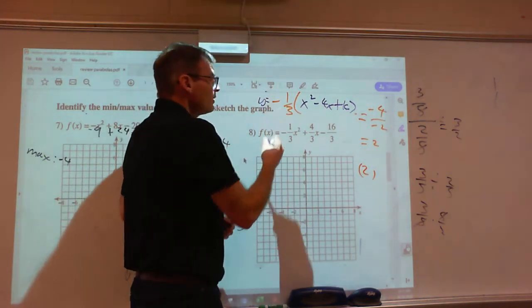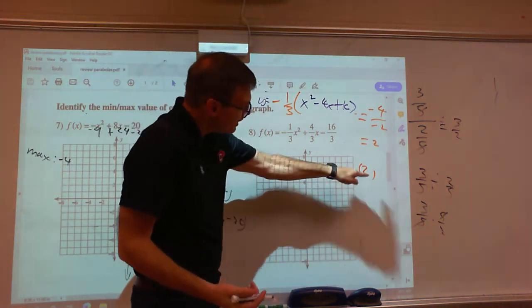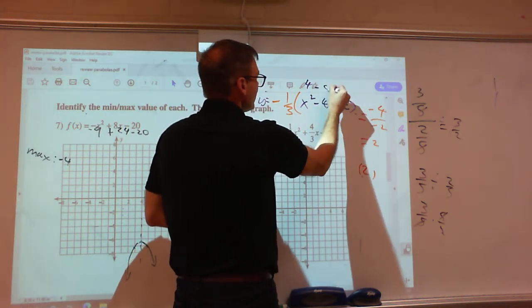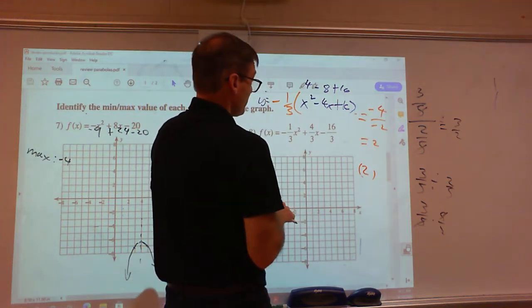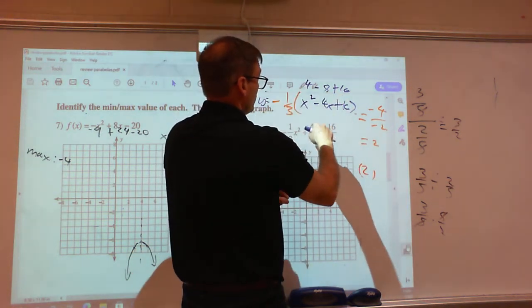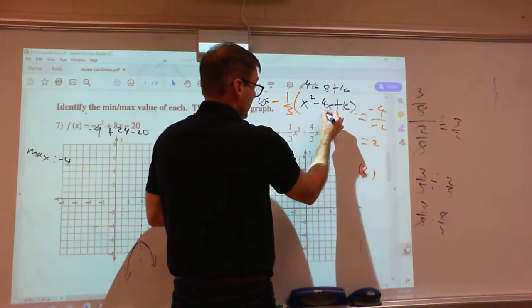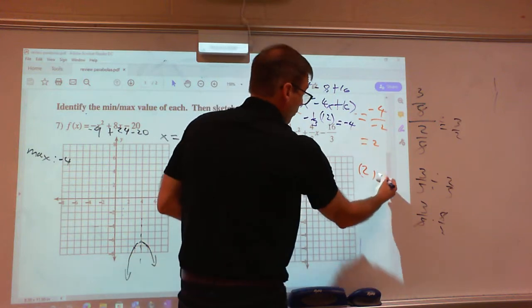How does that help me? Well, I only have to deal with the fraction once. Now when I plug the 2 in, that's 4 minus 8 plus 16. So I end up with 20 minus 8, which gives me 12. So this whole thing is 12, and now it's times a -1/3. I end up with a -4.